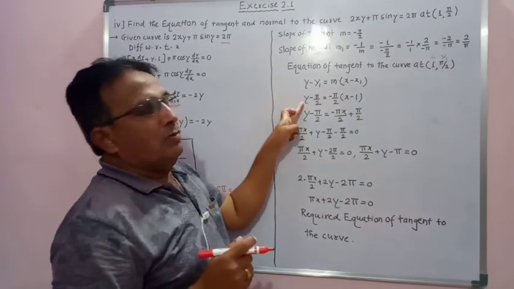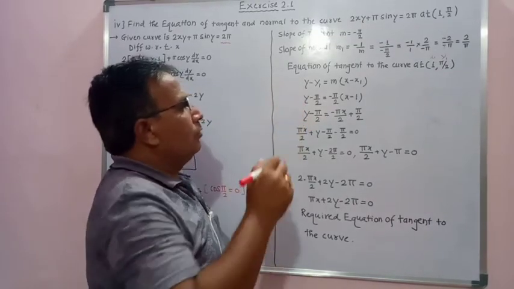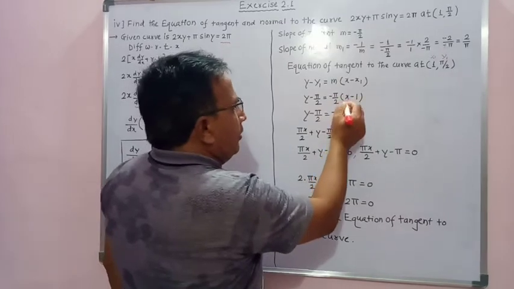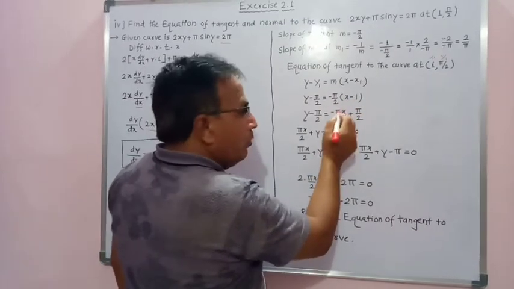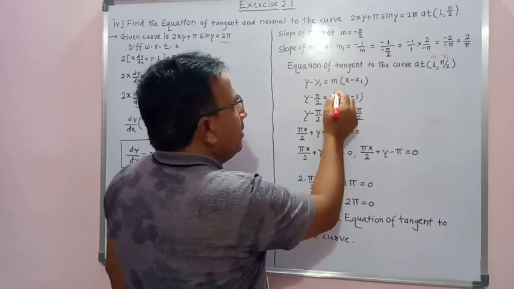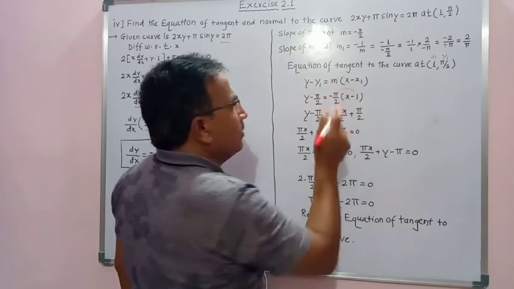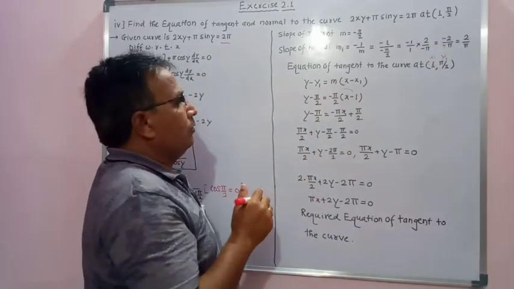Therefore, y minus pi by 2 equal to minus pi x divided by 2, and minus pi by 2 into minus 1 gives plus pi by 2.